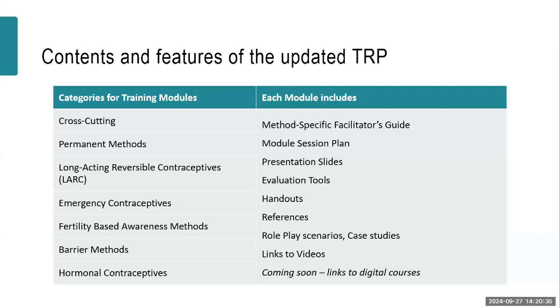There are role play scenarios, case studies, the answer keys of which are in the facilitator's guide. And each module has a link to a video which can be shown. So every module includes all these materials. And very soon we are going to link to digital courses as soon as we get the blended learning materials into the TRP. Next, please.